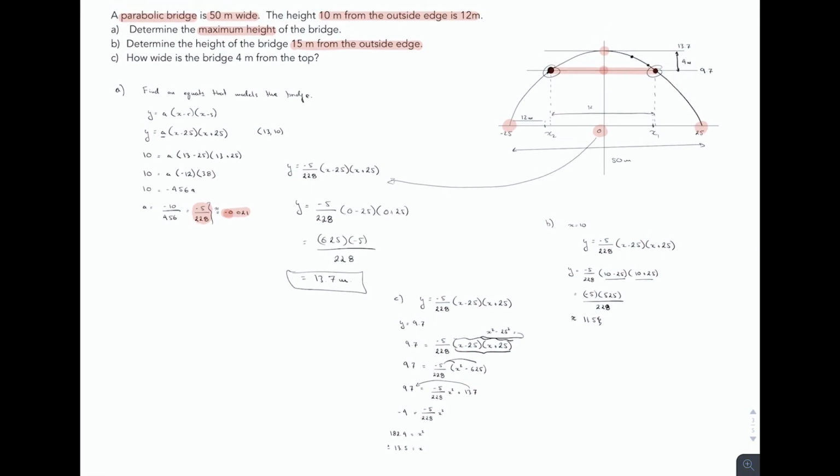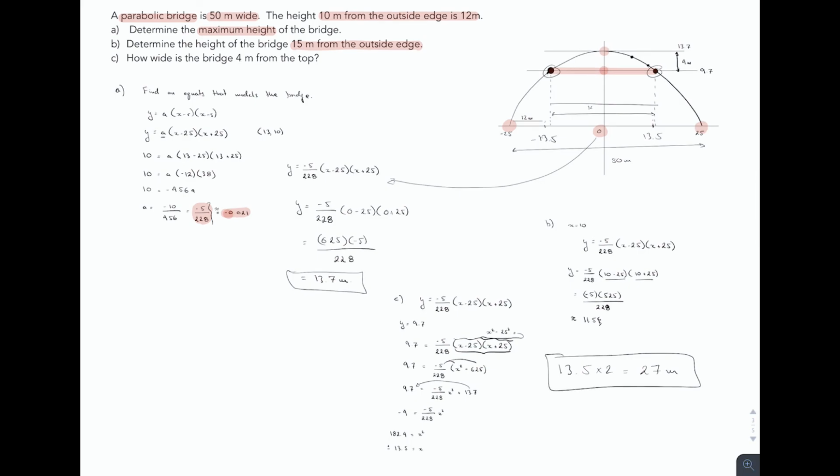So 13.5 is going to be over here and over here, negative. And therefore, the distance across will just be 13.5 times 2, which is just 27 meters.